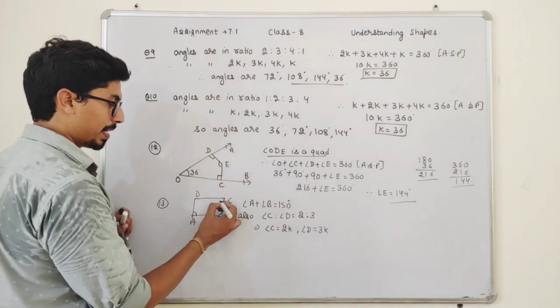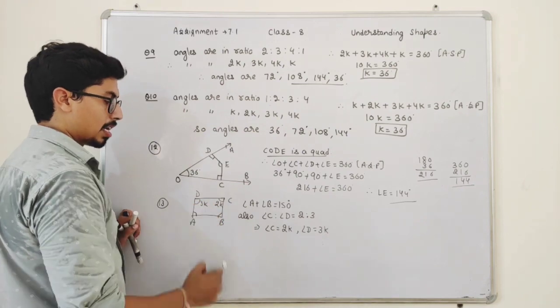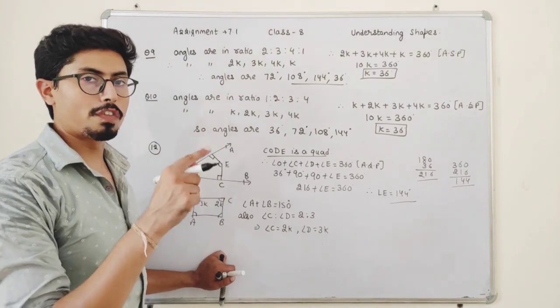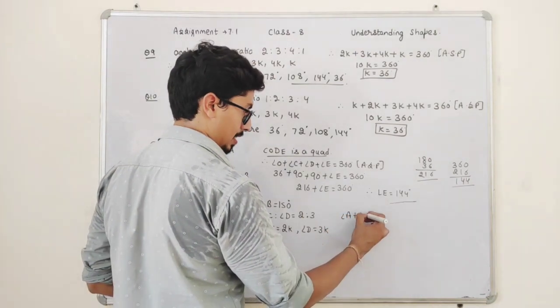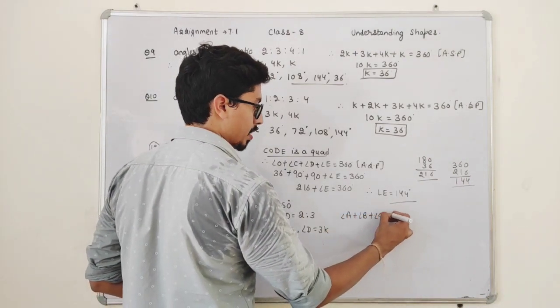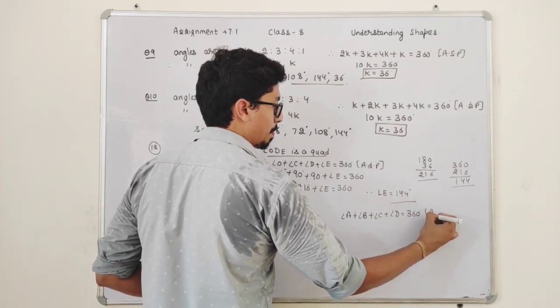So this will be 2k, this will be 3k. So students, the sum of these four will be 360 degrees. So angle A plus angle B plus angle C plus angle D will be 360 degrees, students, by angle sum property.